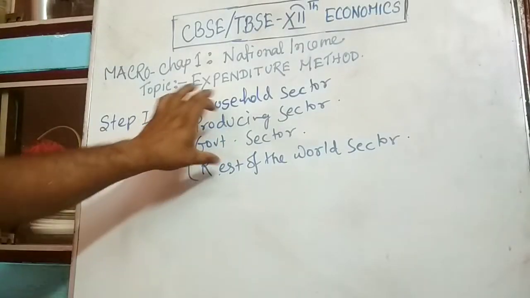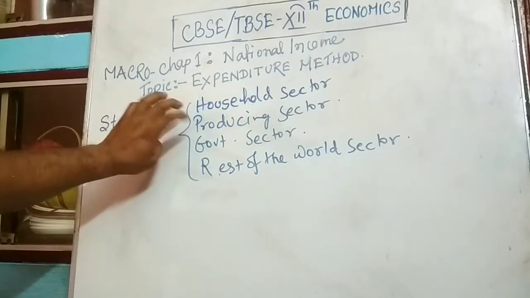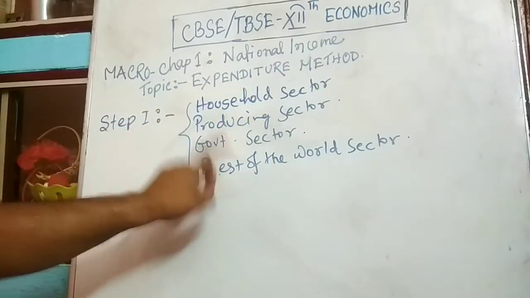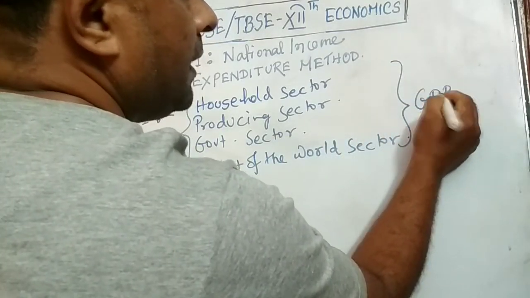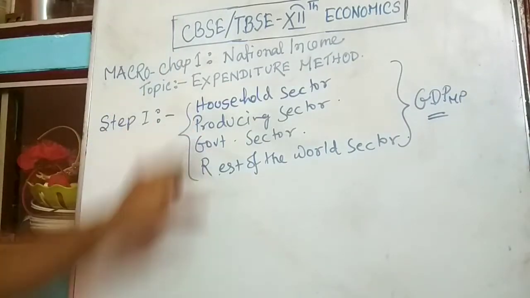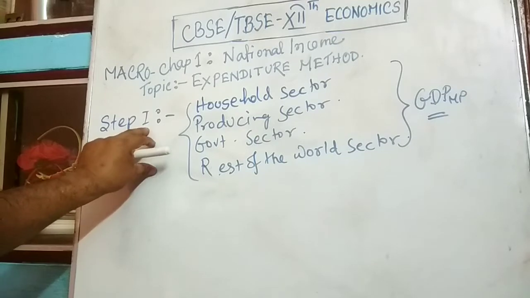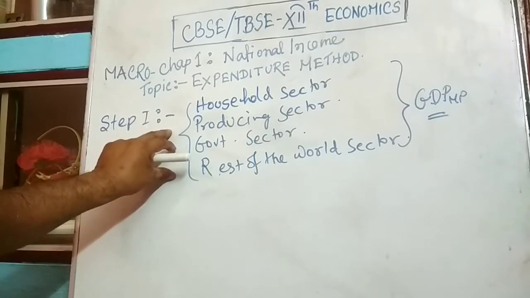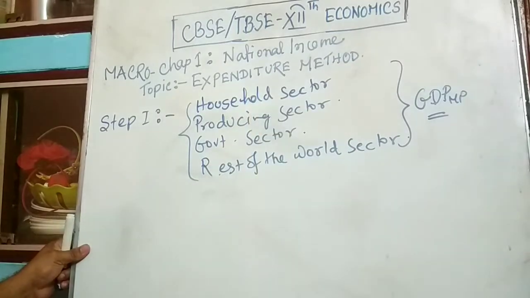Now by adding all the final expenditures of these four sectors, household, producer, government and rest of the world, we get GDP at market price of the country. This is the first step: identifying the various sectors which conduct final expenditures.